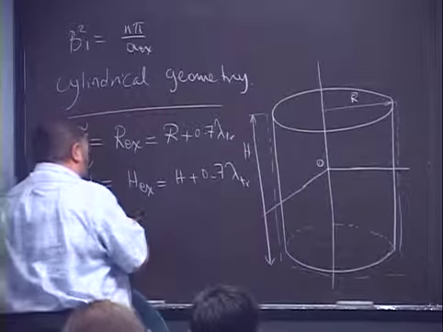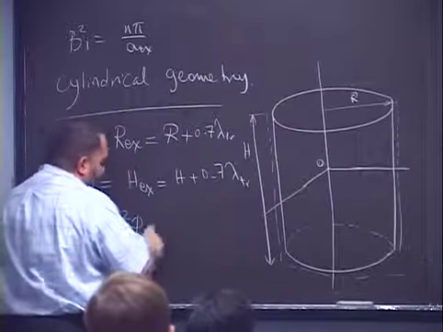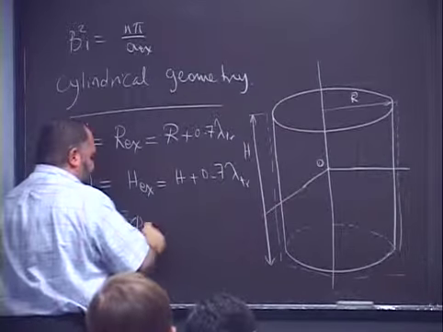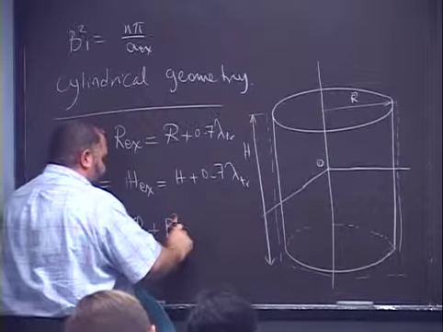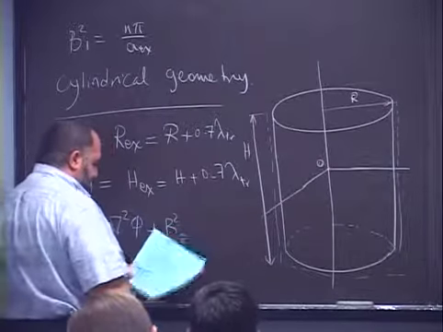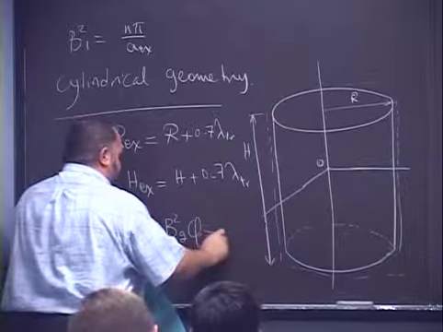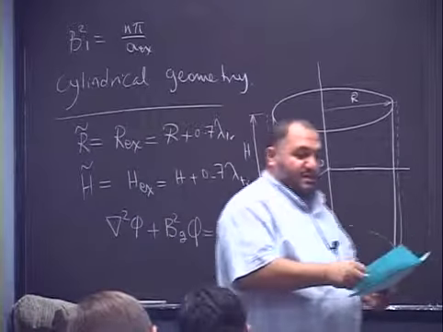Now the equation that we will solve is exactly the same reactor equation, nabla squared phi plus B squared g, the geometrical buckling, times phi equal to 0. So how do we solve this in cylindrical geometry?